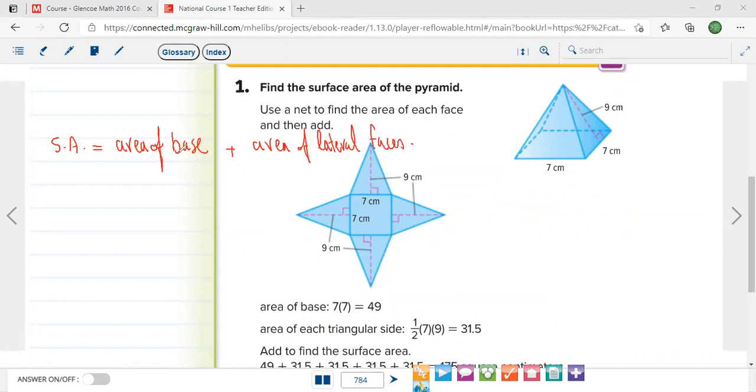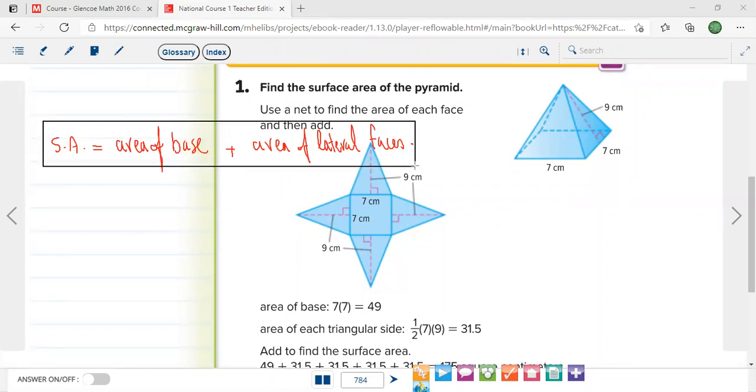Area of base plus area of lateral faces. Remember this very well. Area of base plus area of lateral faces. Now, let's use it to solve this problem.